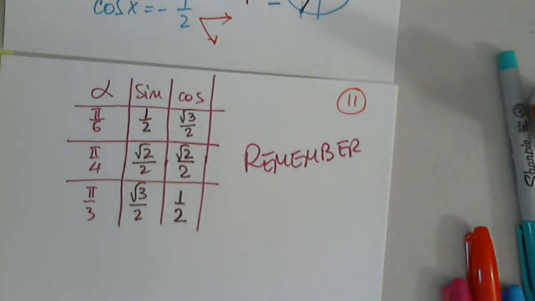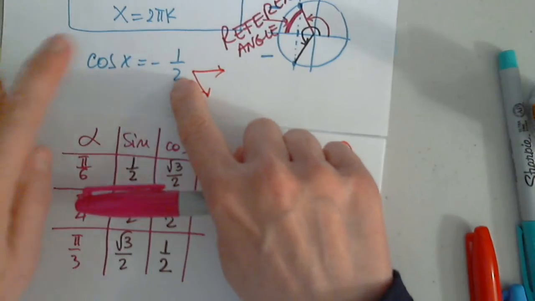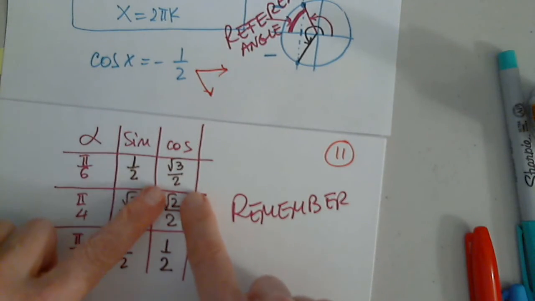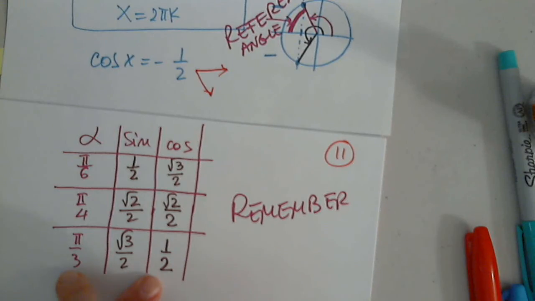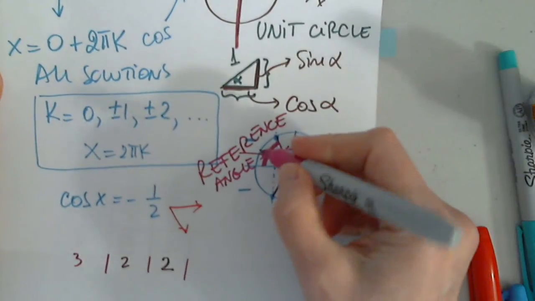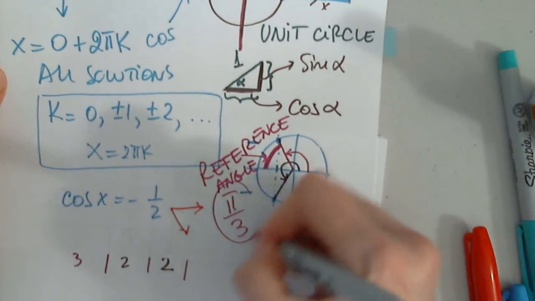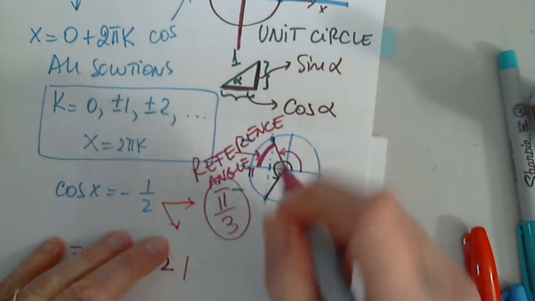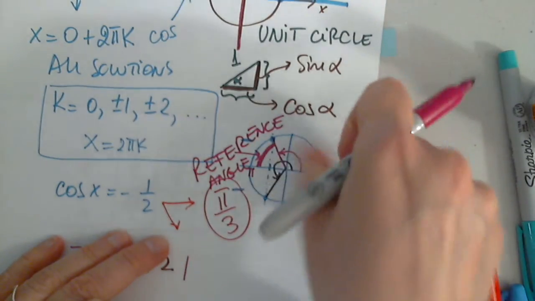So knowing that, and knowing that cosine has something to do with 1/2, cosine with 1/2 is pi over 3. So then I know that the reference angle is pi over 3. So this is pi. How do I know this angle?